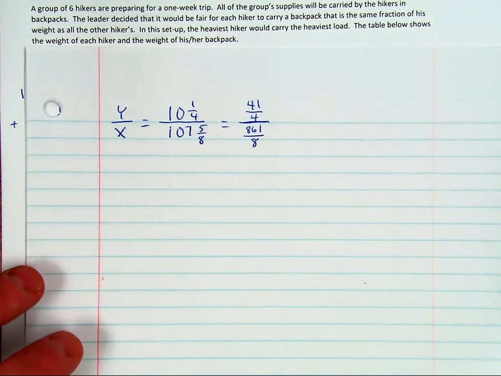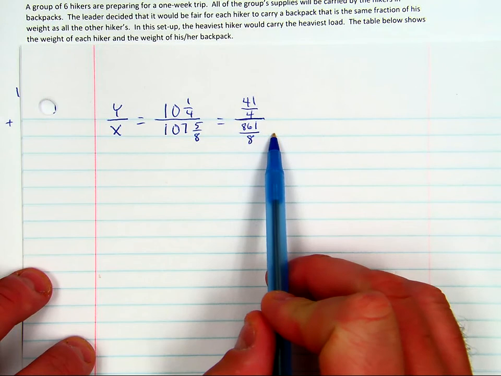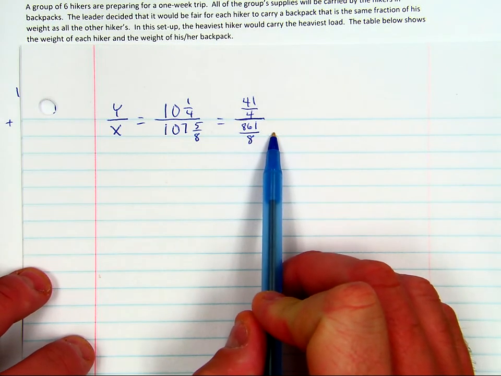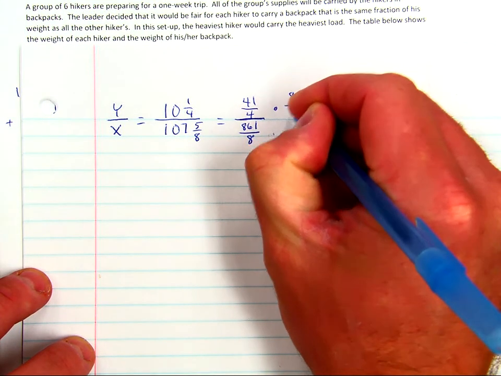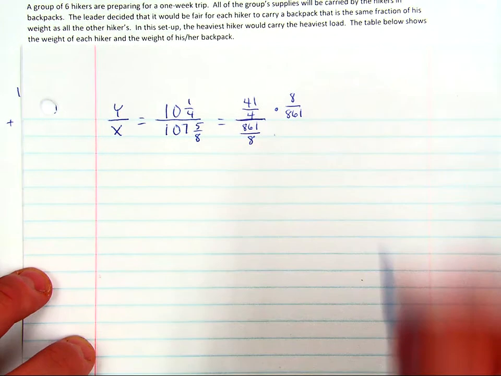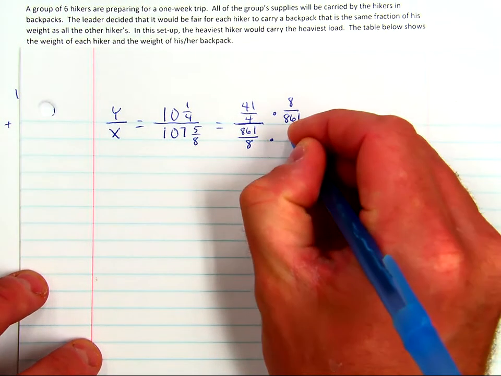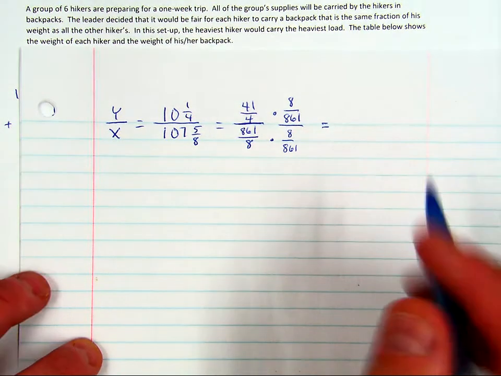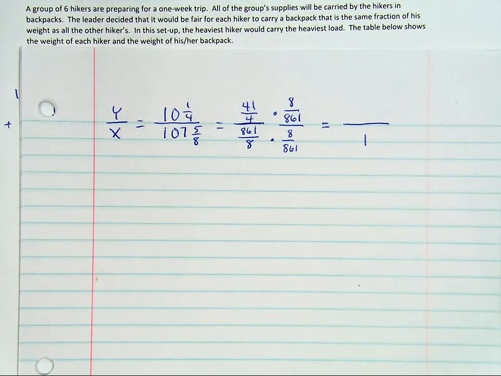Now, in order to get 1 in the denominator, we have to divide the denominator by itself, or multiply by the reciprocal. So we multiply the numerator by the reciprocal.